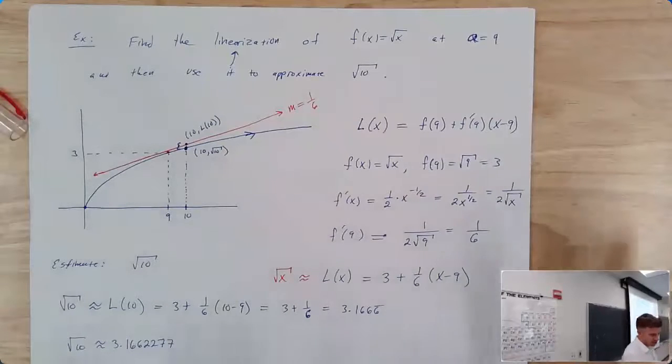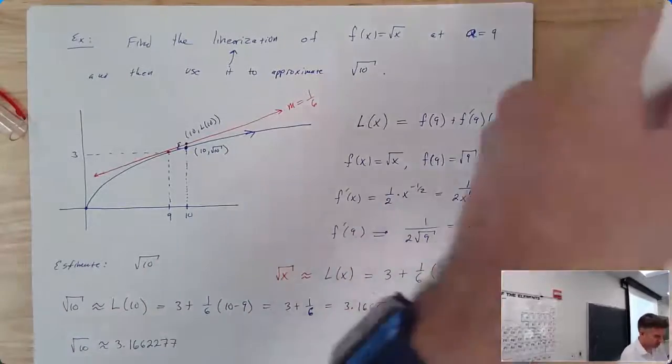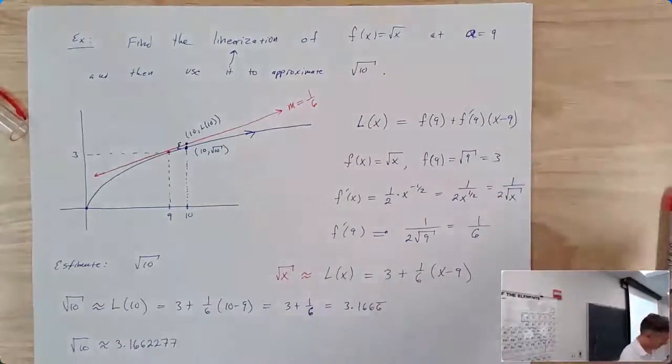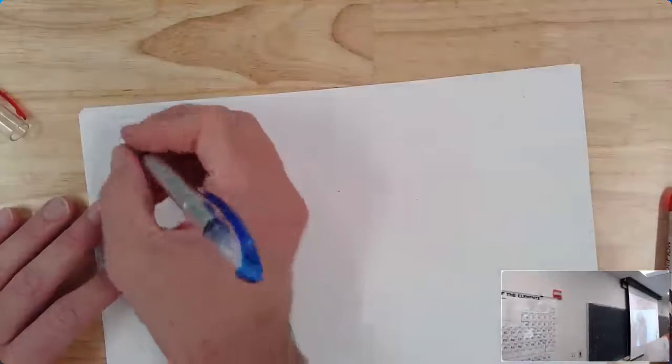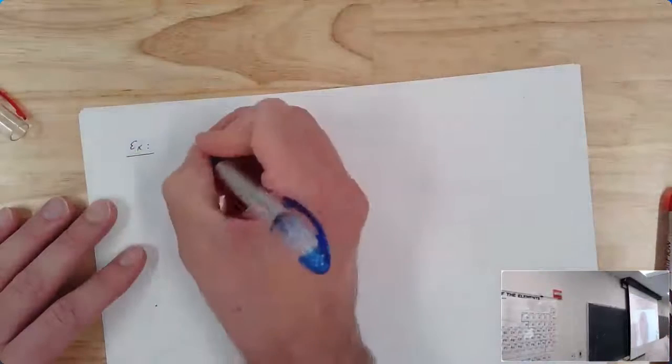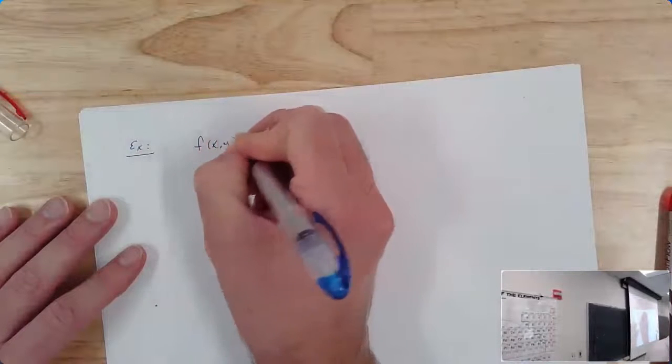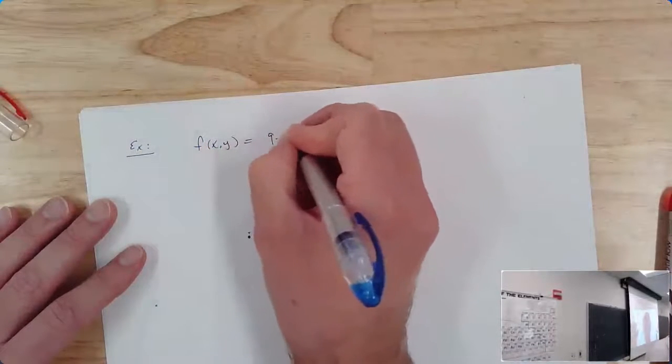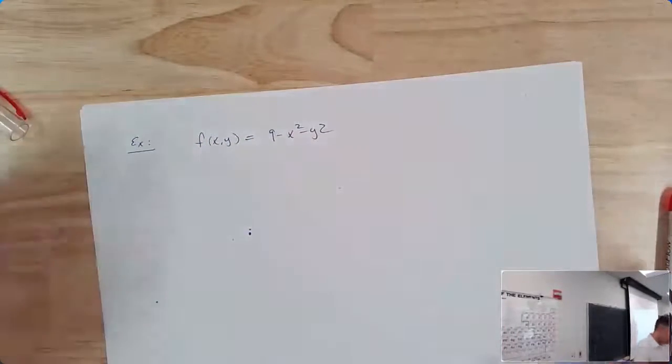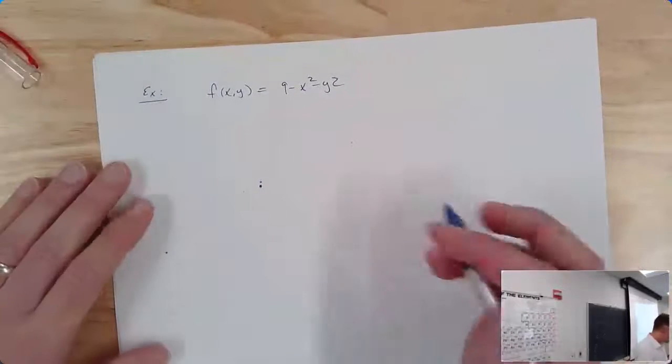It's always harder in 3 dimensions, but just for example, take my favorite function of 2 variables, f of x y equal to 9 minus x squared minus y squared. I'll draw it first.